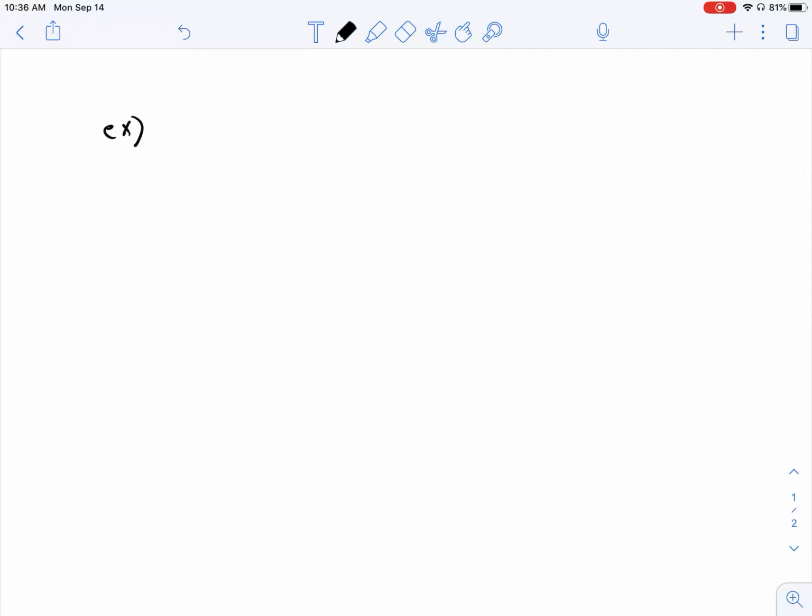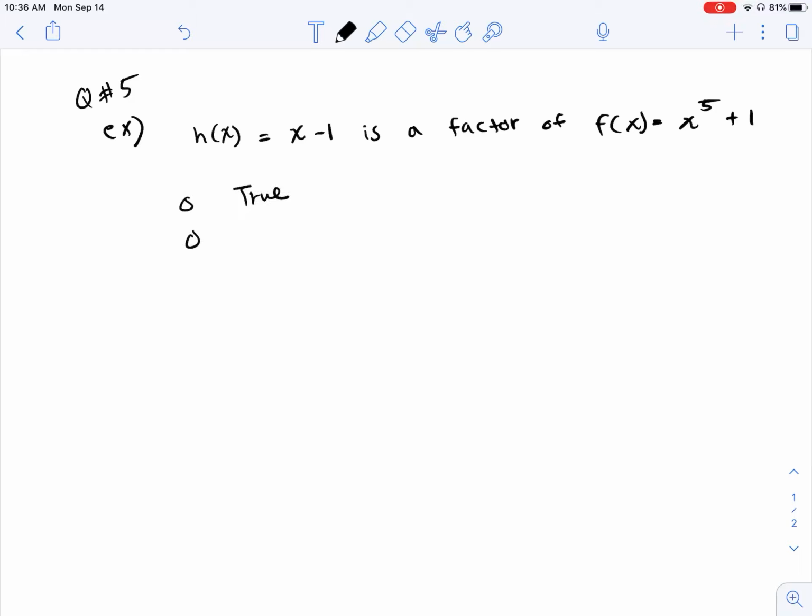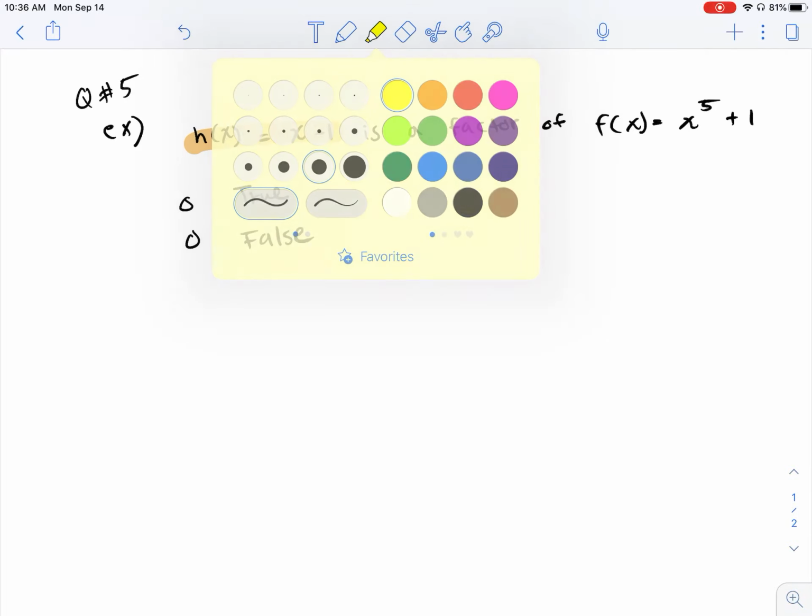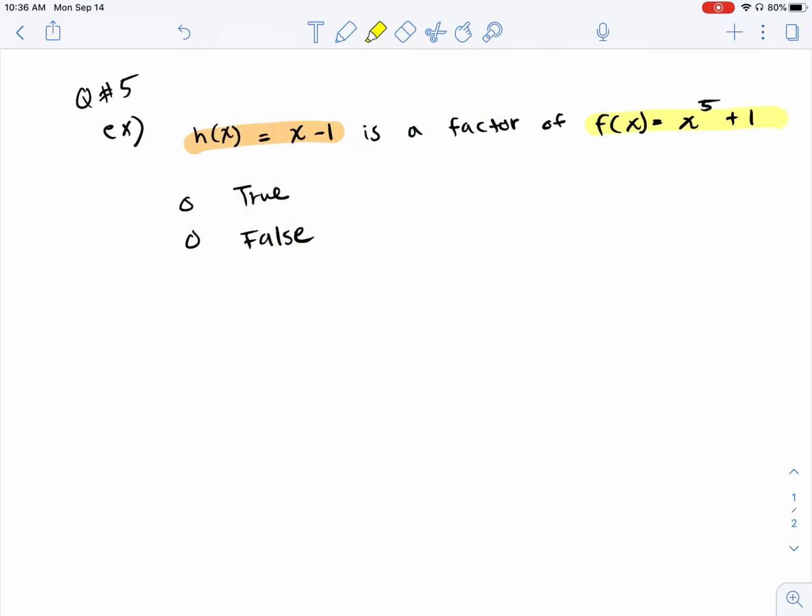here's an example from the homework. This is question number 5. h of x is equal to x minus 1 is a factor of f of x is equal to x to the fifth plus 1. Now they're asking you, the two choices are true or false. So is this a factor of that?